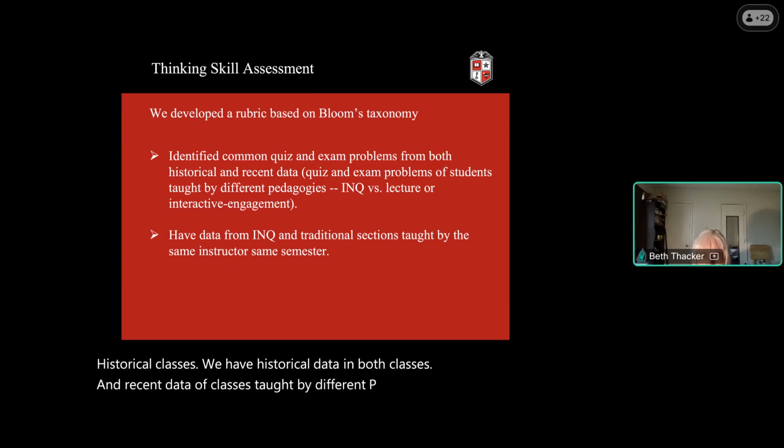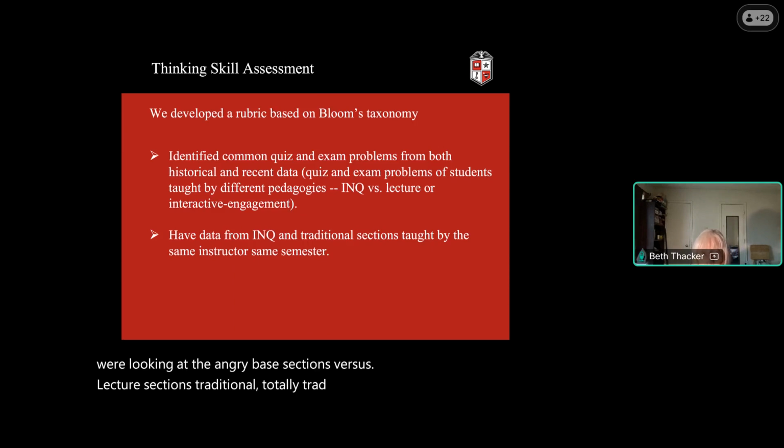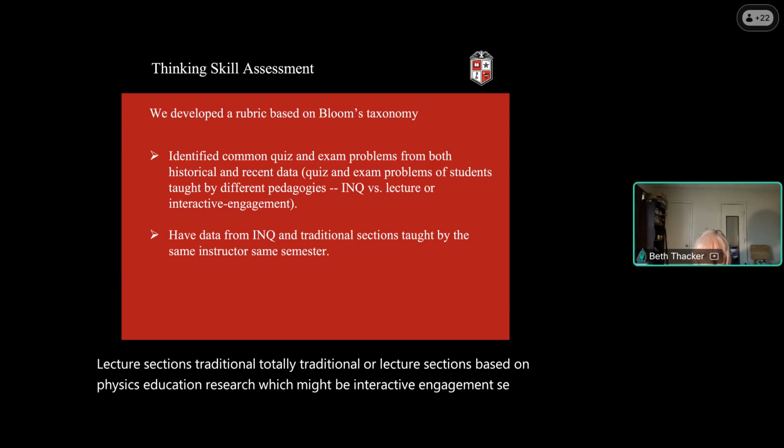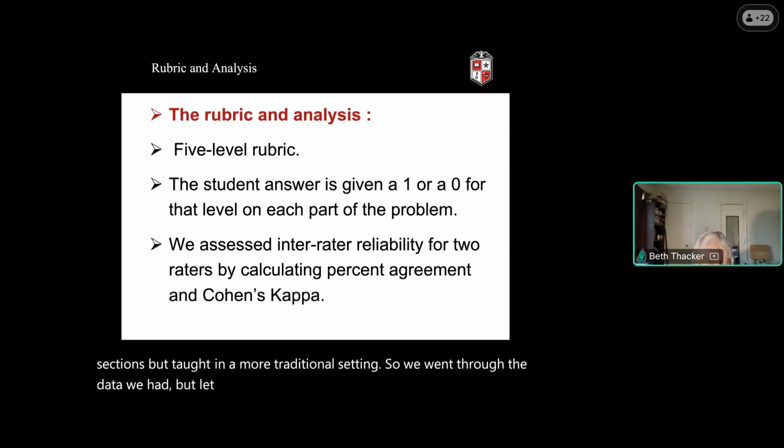And mostly we were looking at the inquiry-based sections versus lecture sections, totally traditional, or lecture sections based on physics education research, which might be interactive engagement sections, but taught in a more traditional setting. So we went through the data we had, but let me talk about the rubric first.